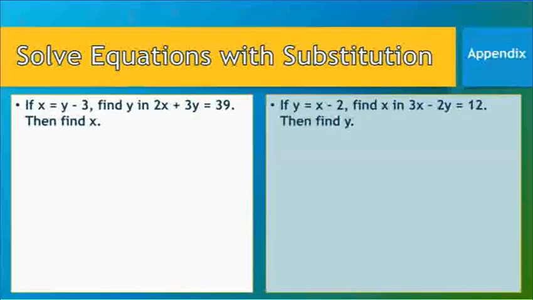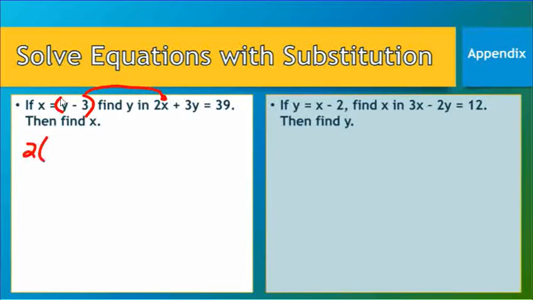And our last slide: if x equals y minus 3, find y in 2x plus 3y equals 39. So we are using substitution here. If this is what x equals, I can substitute this in for x so I can solve for y.